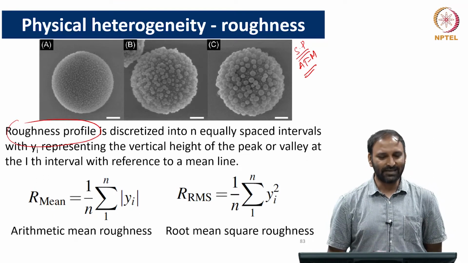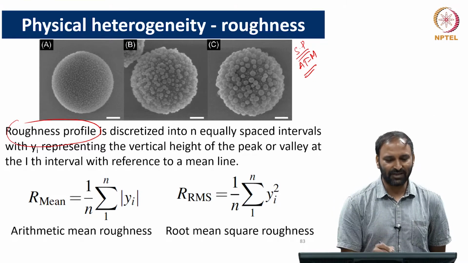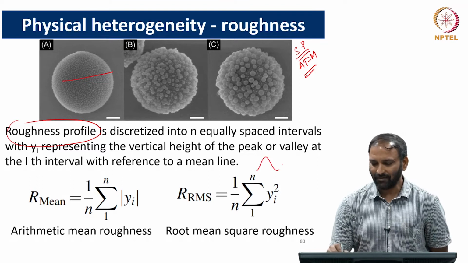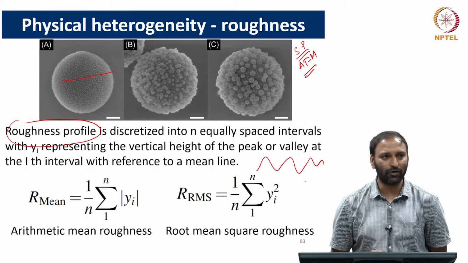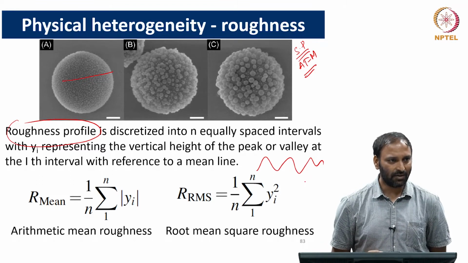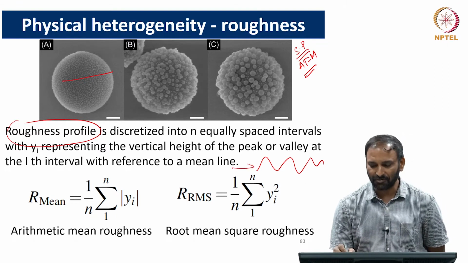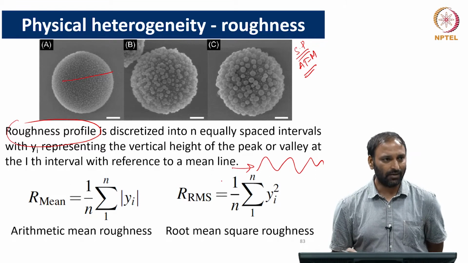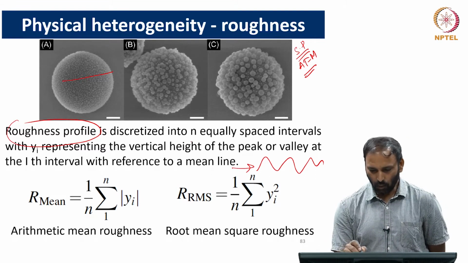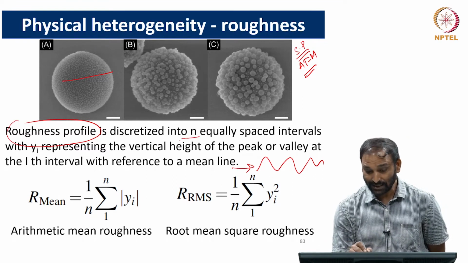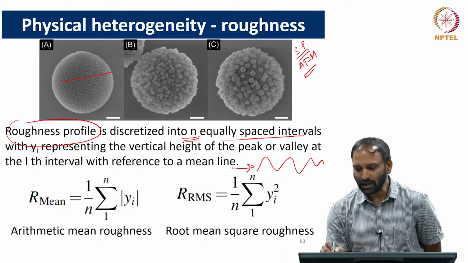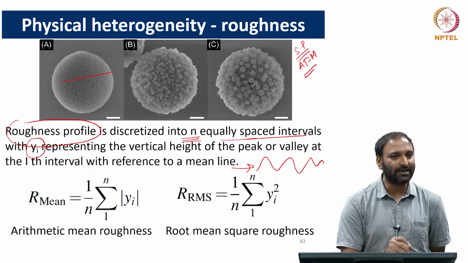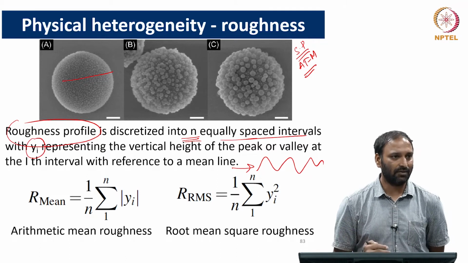This is as simple as if I have a surface like this, and if I draw a line, I am going to have hills and valleys, and you get what is called a line profile, and then you discretize it into n equally spaced intervals, and look at the height of the hills and the valleys.